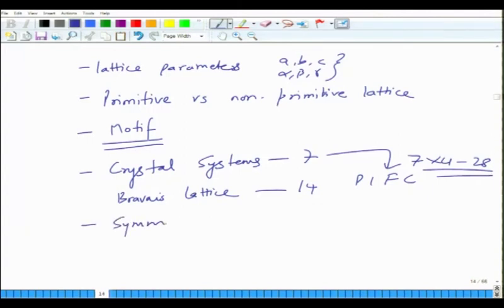So, we saw the symmetry operations, and we saw that depending upon the defining symmetry of the crystal system, you choose a unit cell which is either smaller in size or has higher symmetry, and based on those considerations we come up with only 14 Bravais lattices. We do not have 28 Bravais lattices.